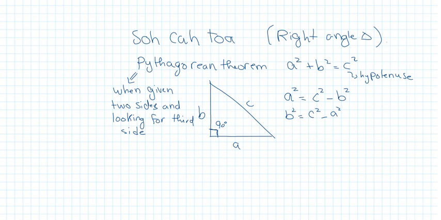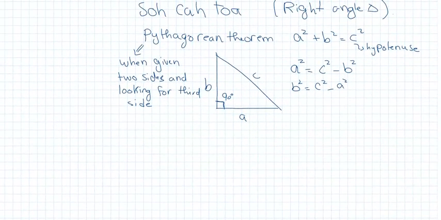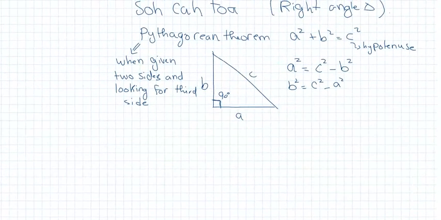Now the important part is you need to be able to label your triangle properly. Whenever I have my right angle triangle, other than the 90-degree angle, which is never your angle of interest, I need to have another angle that I'm looking at.